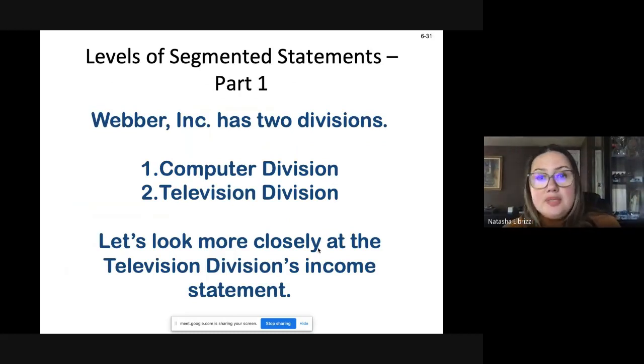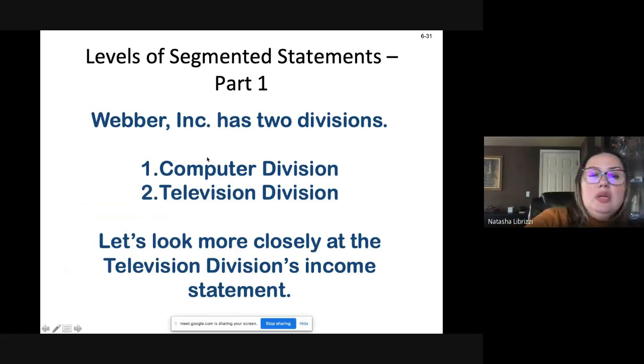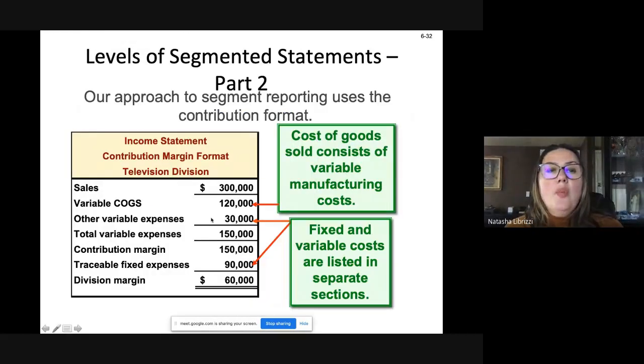For that purpose, we're going to use a demonstration company, Weber Incorporated, that has two divisions: computer and television. We want to look closely at the television division income statement, so we're looking at only one right now, not both. My television division has sales of 300,000, variable cost of goods sold 120, other variable expenses, total variable expenses 150, so 300 minus 150 gives me another 150 contribution margin.